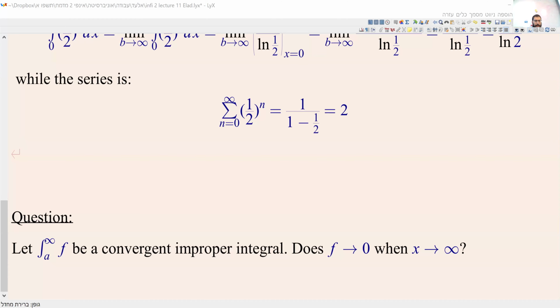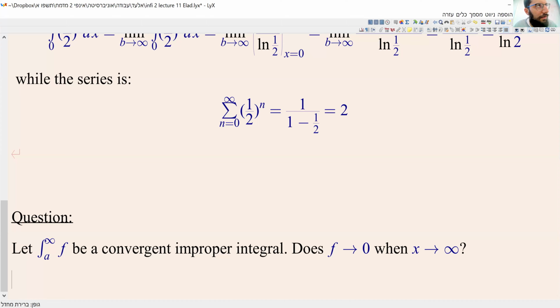And what I want to do in the 15 minutes or so that are left is answer you, given a counterexample for this basic question, and then discuss what happens when we, on one hand, add conditions. Let's say f is continuous, let's say f is non-negative, let's say f is positive, f is monotone, f has a limit.